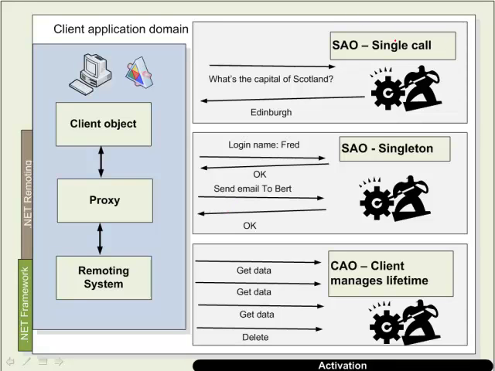So an example of a server activated object with a single call is where we might ask for a capital of a country, and it gives us back the answer. It doesn't matter about the state, it doesn't need to remember the last call, and so on. For a singleton, we might have a remote object which takes a login name, and we get a response of OK.